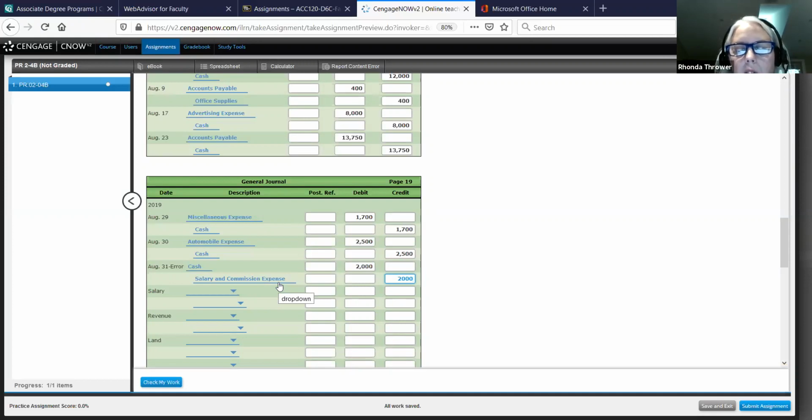To decrease an expense, you put it on the credit side. And so because we made an error in an overpayment of salaries last period, we've collected cash from that salesperson, and we're going to have to reduce our account salary and commissions expense to get it corrected.